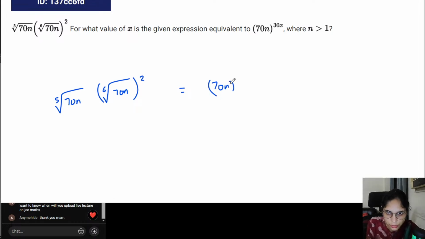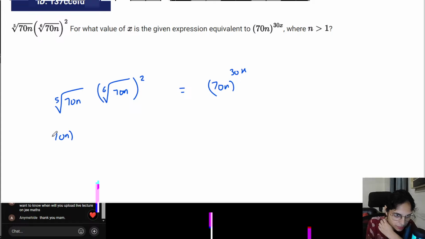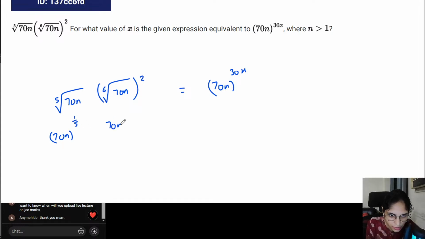And this is equivalent to this. So this is 70n to the power 1 over 5. This is 70n to the power 1 over 6. Then you have squared as well. It will be 2 times 1/6, it is 1/3. I am directly writing 1/3.